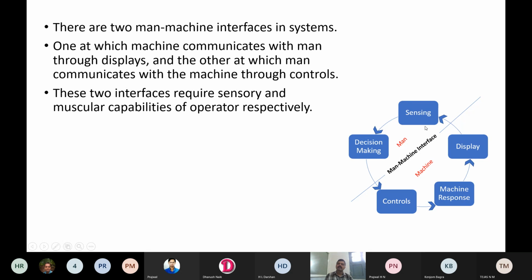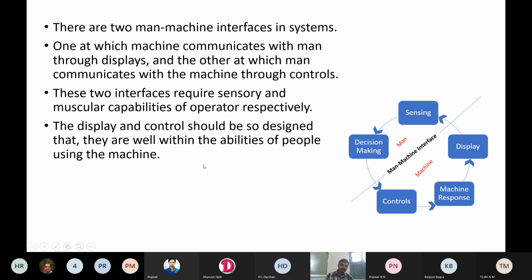Then, in order to provide inputs to controls, you should have better physical capabilities. You should have strength, muscular capabilities, and also movement capabilities to manage these control systems of the machine.